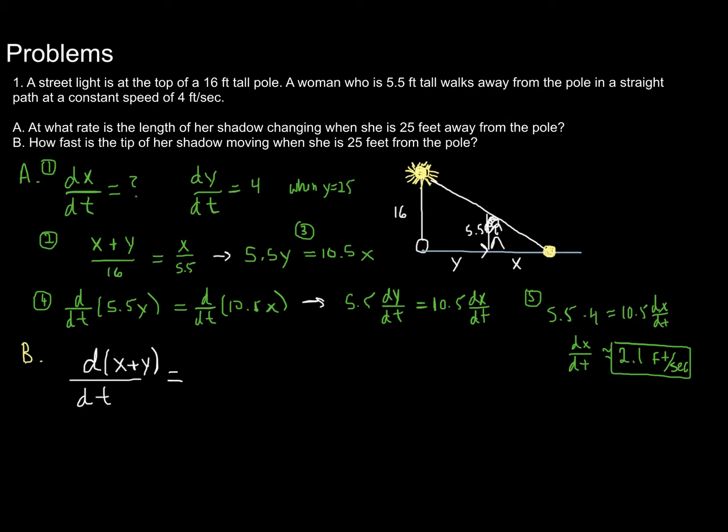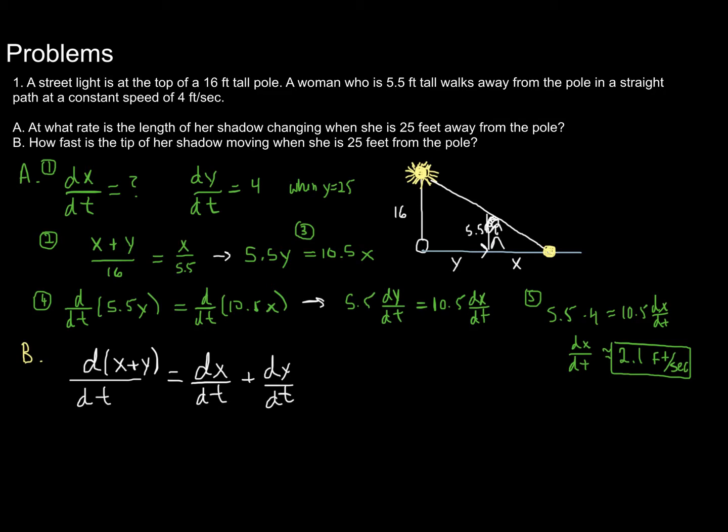What we seek is simply the derivative of x with respect to time plus the derivative of y with respect to time. This is the derivative that we seek. This here will give me the value of the rate at which the tip of the shadow is changing.